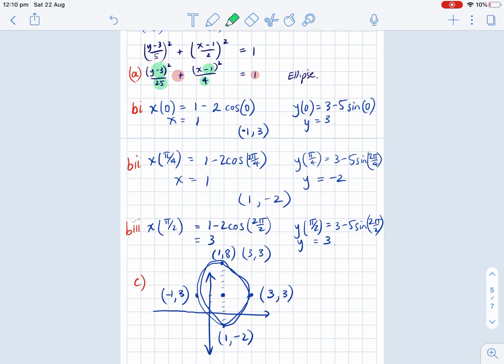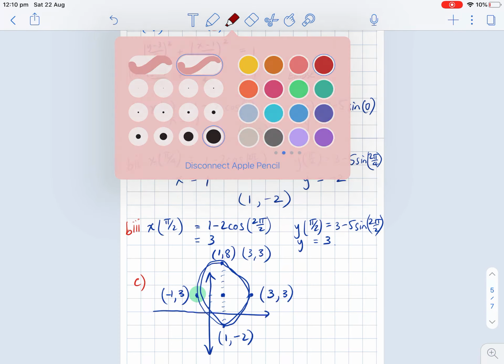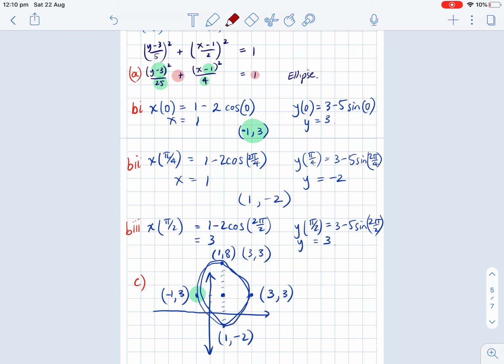Now I'm feeling a little bit better about this. So minus 1, that's where I start from this coordinate. And after pi on 2 seconds, we have moved around to this point here. And the midway point, halfway, was at this coordinate here.